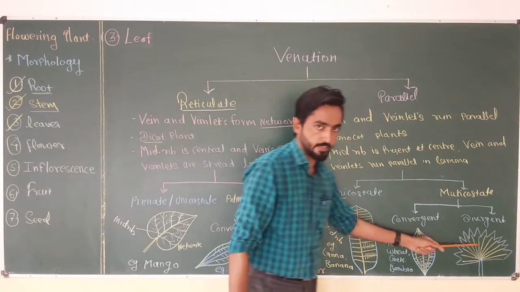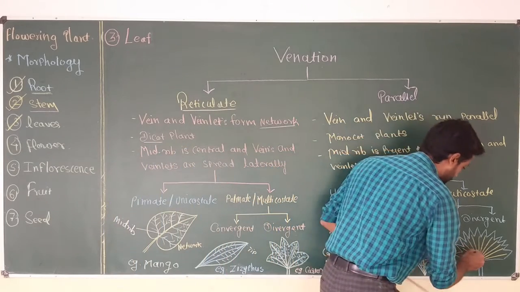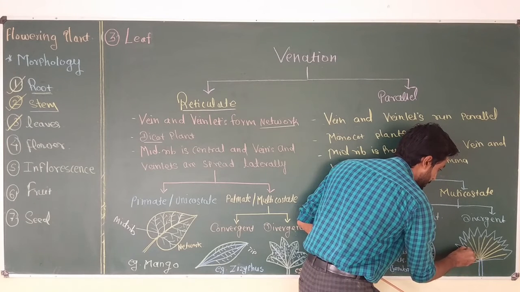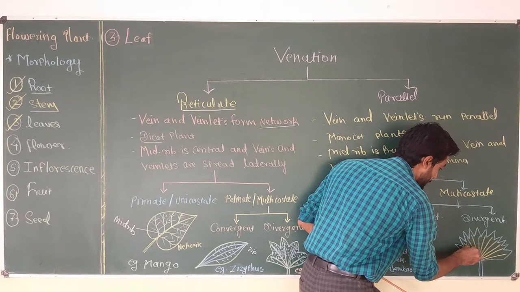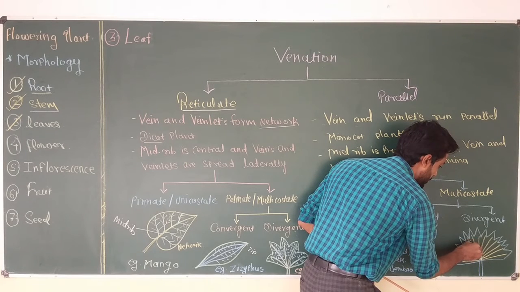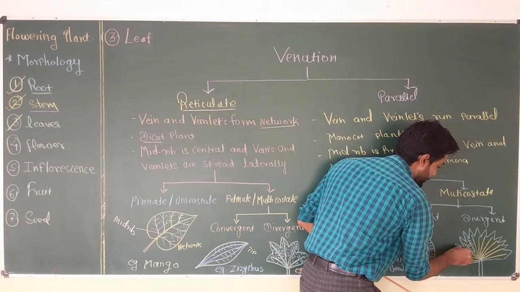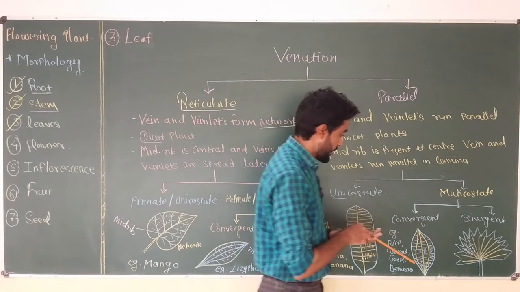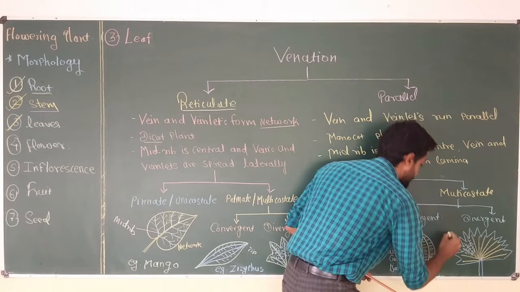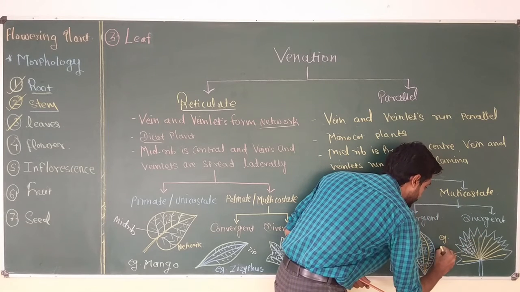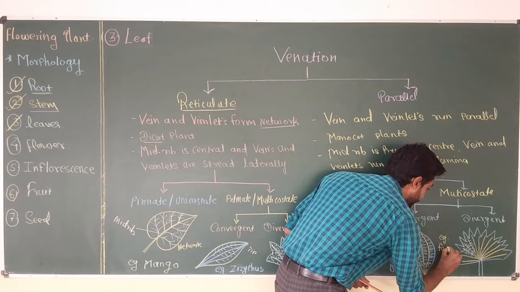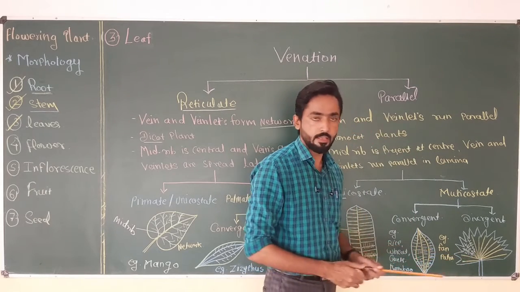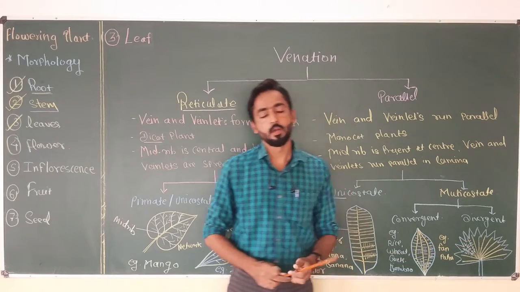But in this case, the veins and veinlets run parallel to one another, so they do not form a network. The well-known example of divergent multicostate venation is the fan palm. So the fan palm tree leaf shows this type of venation.